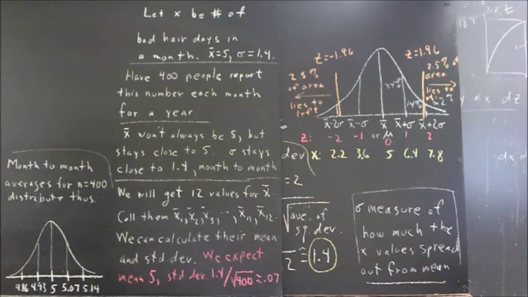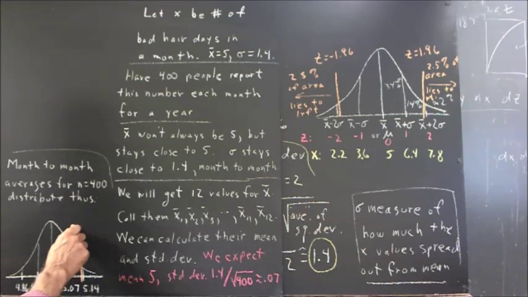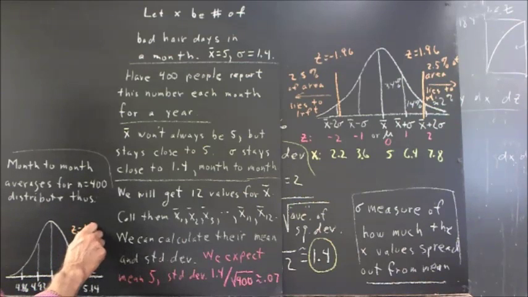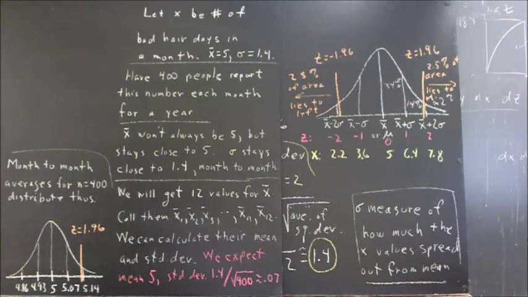Now, big point here related to confidence intervals. Here's z equals 0, z equals 1, z equals 2. Z equals -1, z equals -2. Okay, z equals 1.96 is here, pretty close to 5.14, probably still rounds off to 5.14, and z equals -1.96 occurs here.